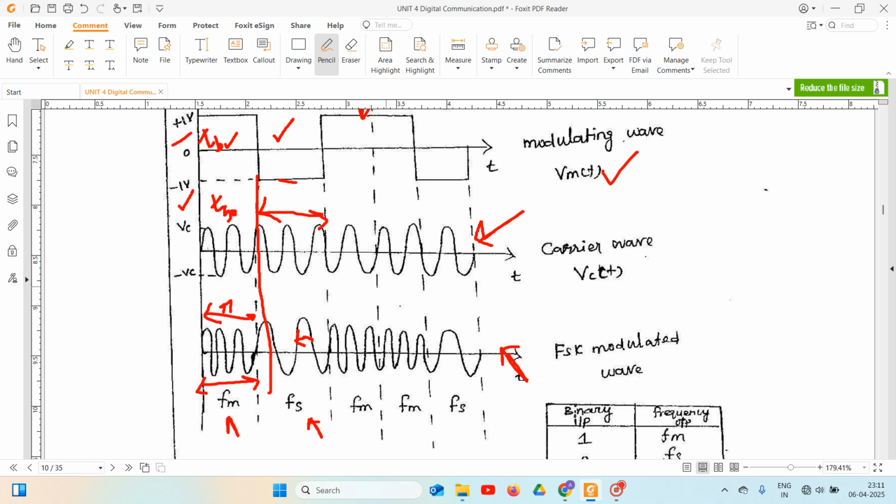See here, this is my bit duration TB, right? Only one bit per one signaling time, this is my signaling time TS. TB and TS remain the same, with the same period and also the same rate at which we are getting the mark frequency in the modulated output.